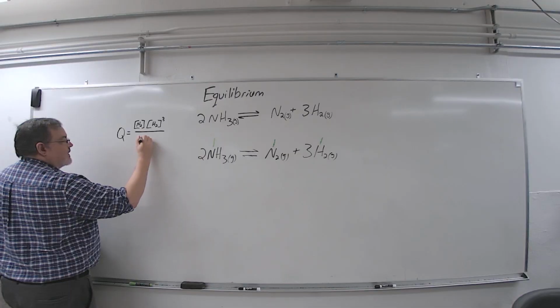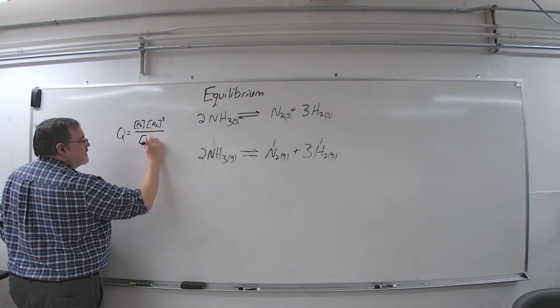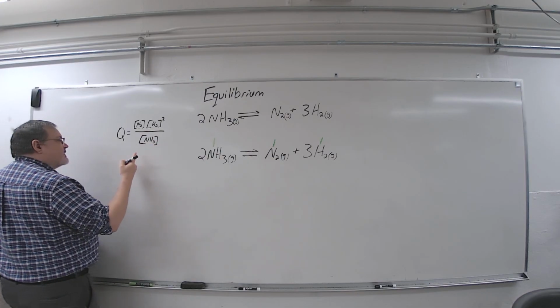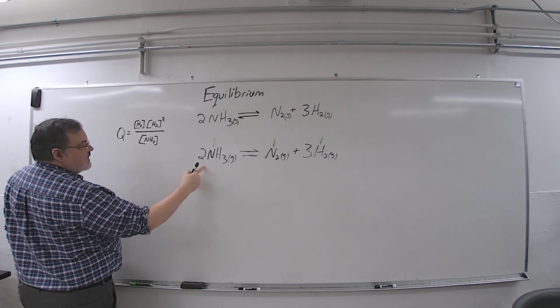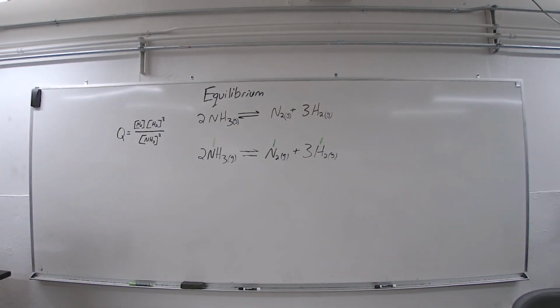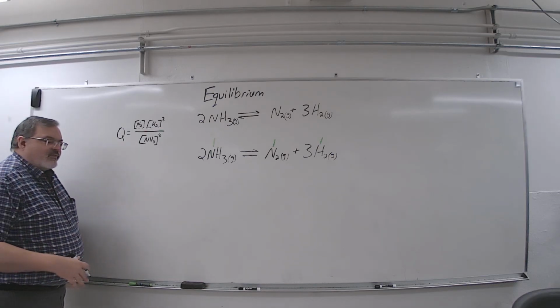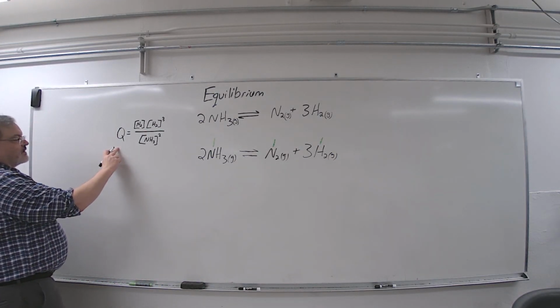And then the reactants go down here. So reactants always go in the denominator. So it's always products over reactants. And this 2 will be here. And that numerical value, wherever it is, even if it's away from equilibrium, we call the reaction quotient.